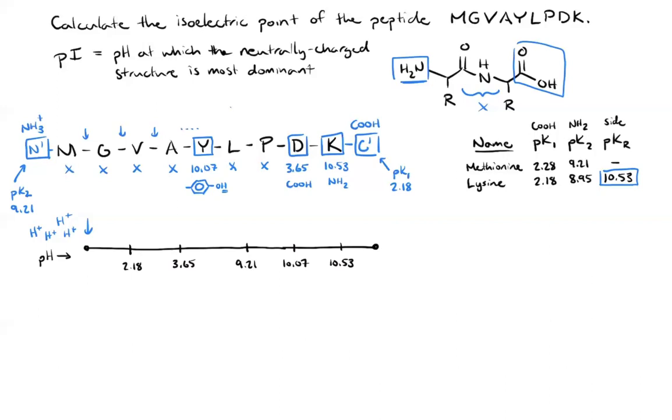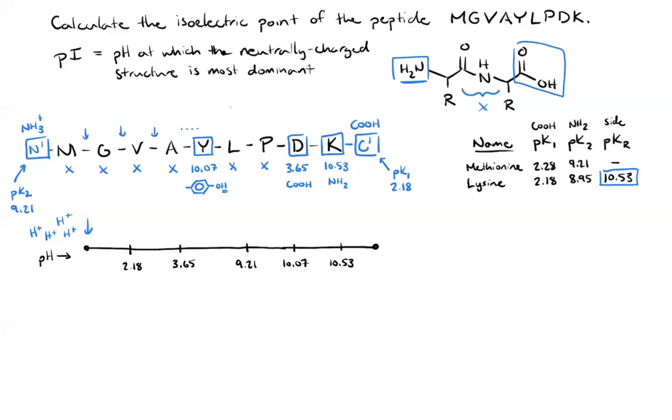There's more hydrogen ions in solution, so it's easier to put protons on them, right? And if we're far to the left of everything that would represent a turning point in our structure, all of those groups are going to be protonated, all the groups that we just identified. So the challenge is to figure out what the net charge is going to be.